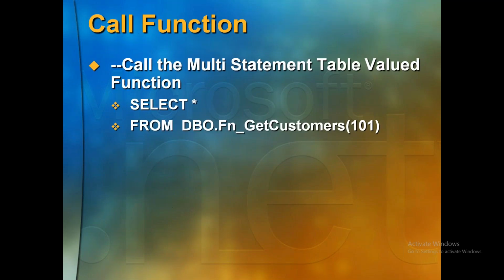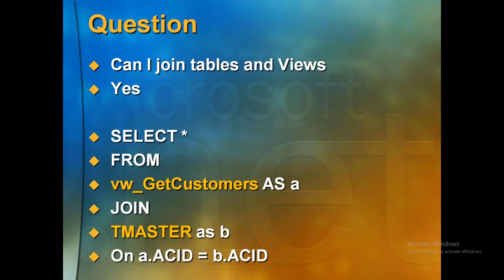Clear? You should be able to call the multi-statement table valued function like this. You can have programming, and because it returns a set of rows, you should be able to give the data inside this. Clear? This is what you should be able to understand and call.